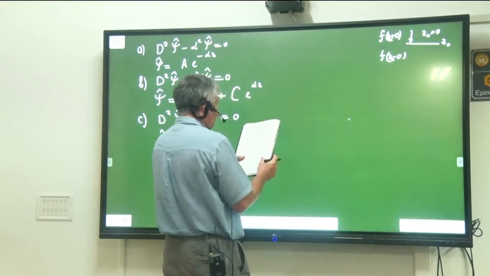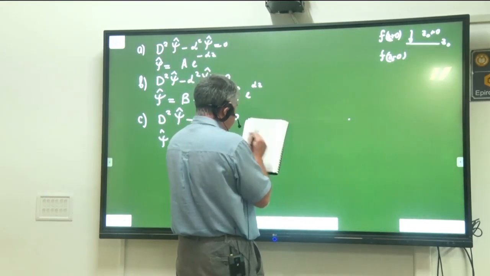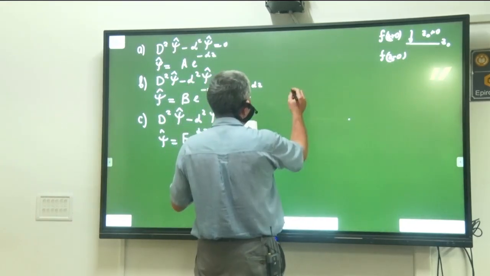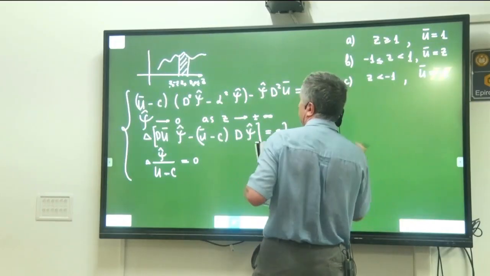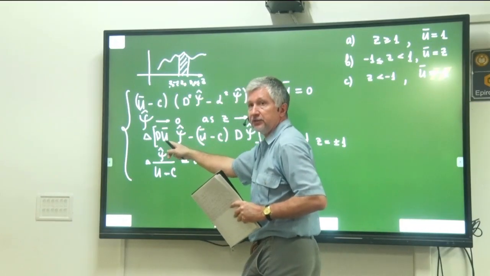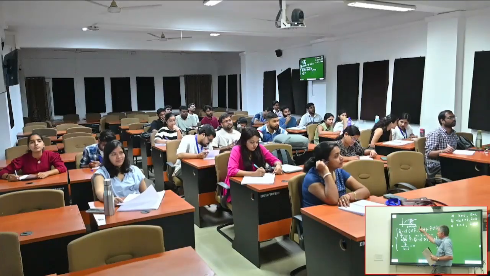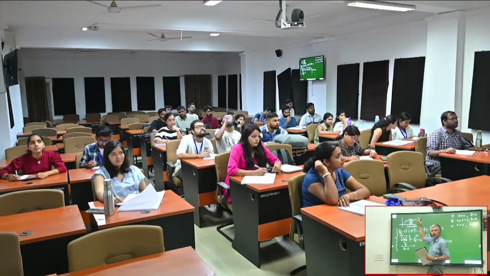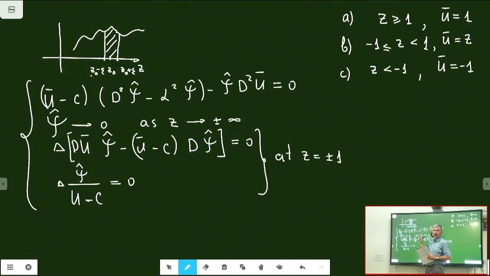So we have this expression here, du. So u is equal to 1. What's du? 0. So this term disappears in the top layer, right? And what about this one? It is 1. This is c, so it is 1 minus c, with a minus in front of it, right?